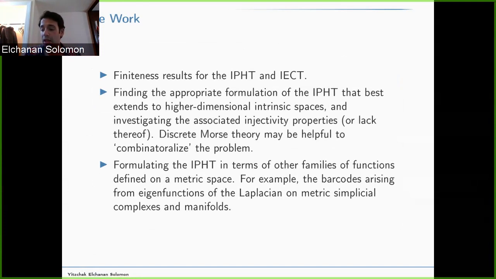Sometimes eigenfunctions of the Laplacian can be poorly behaved in some stability sense, but perhaps the barcodes might be better behaved in certain settings. So it would be interesting to understand what happens if you looked at an intrinsic transform based on the barcodes of eigenfunctions. Could you still get injectivity results, or more generally, what kind of geometric and topological information does that give you? That's another area of future research.